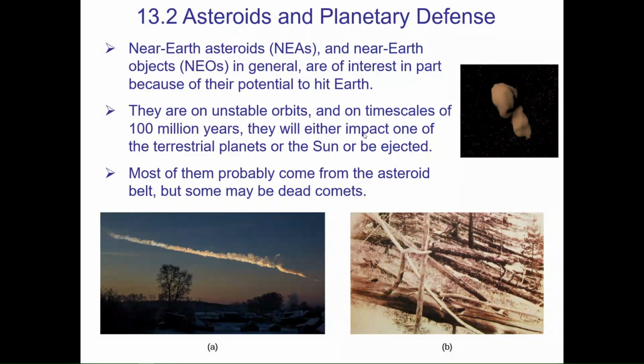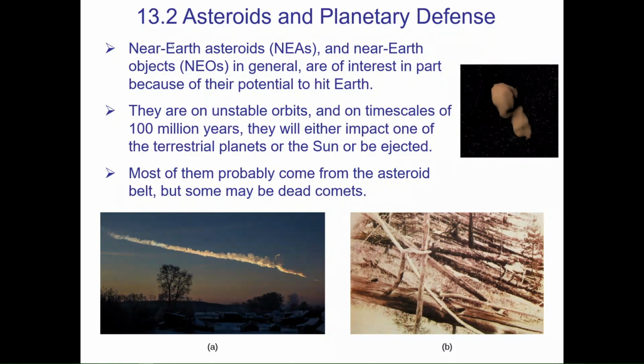And we believe that on the time scale of 100 million years, the fate of most asteroids will be to either impact one of the planets as they wander in the solar system and are captured by the gravity of one planet, or impact the sun and evaporate from the solar heat, or be ejected into the outer solar system.